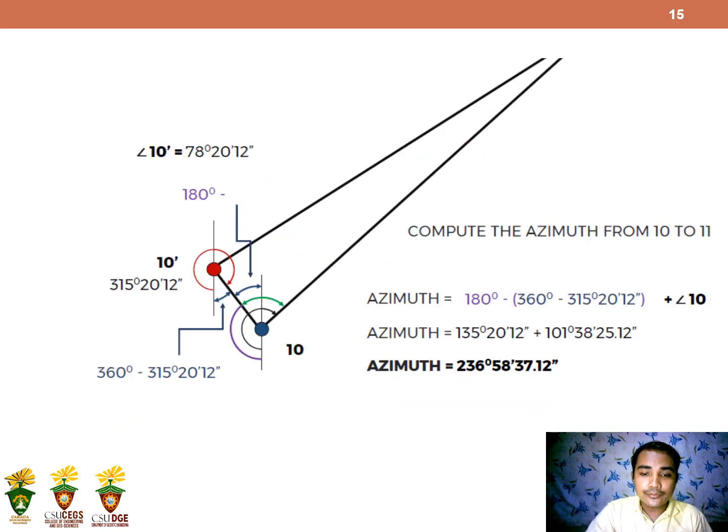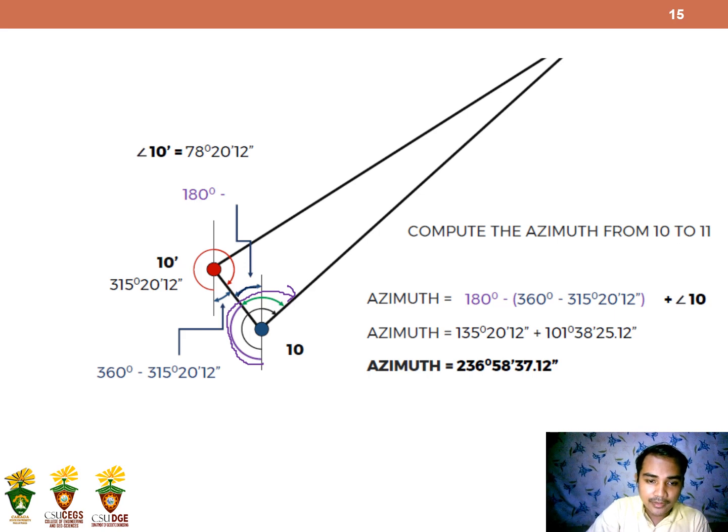So next is to compute the azimuth from station 10 to 11. From this illustration, it is from the south heading towards here. To get that, we need to use this equation. Since we have angle 10, the green one, we need to get the value of this angle.